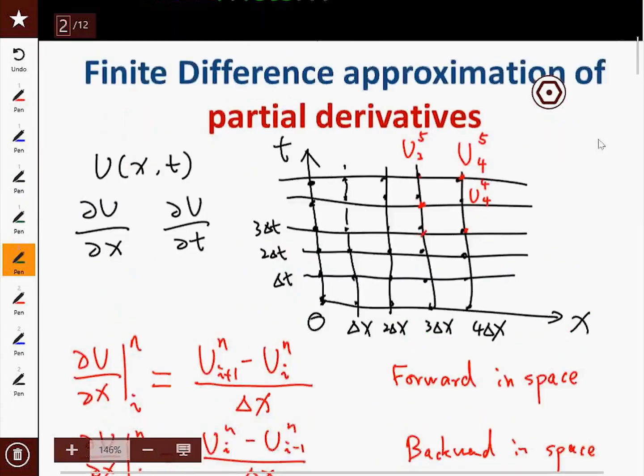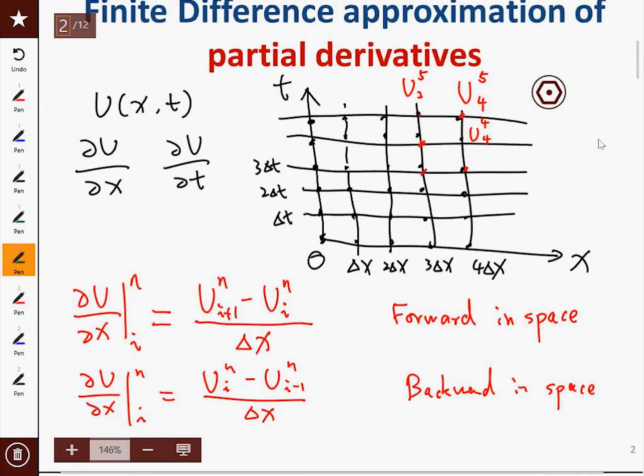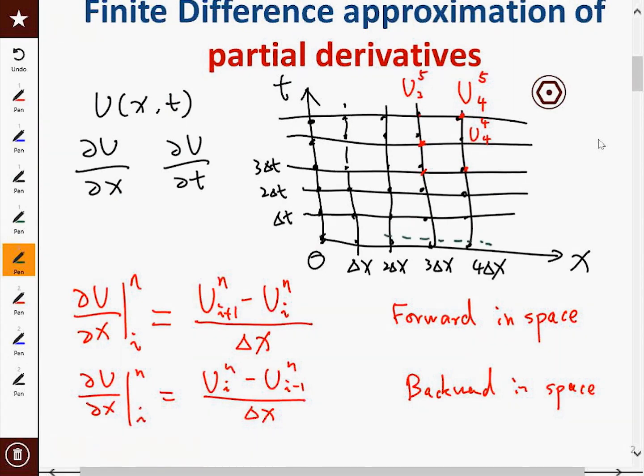While in the PDE part, we have a grid like this, and we are given the whole initial condition at t equal to 0. So we have all the data at this concept. Now our job is to go from this concept to this concept. We want to compute the solution at all these points, and then we go forward and forward and forward.